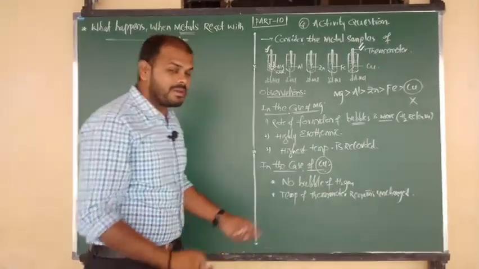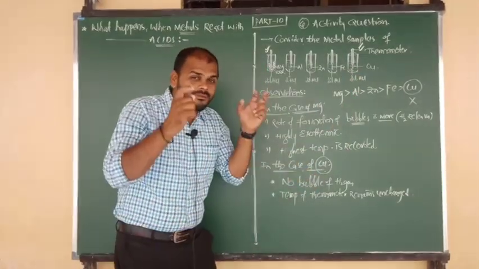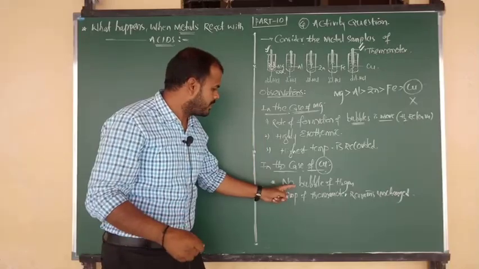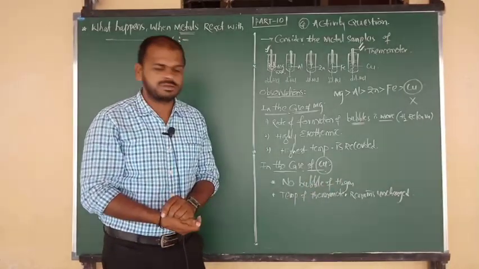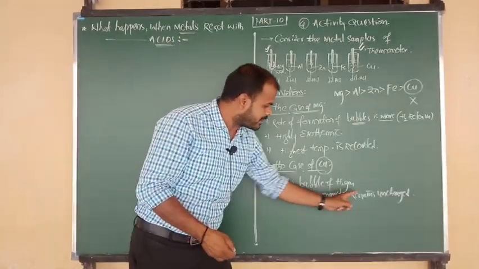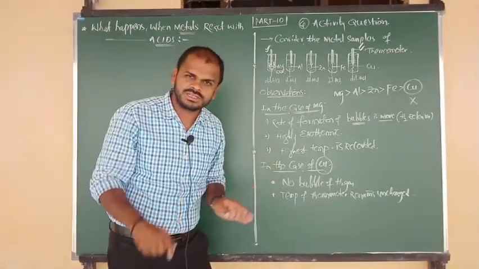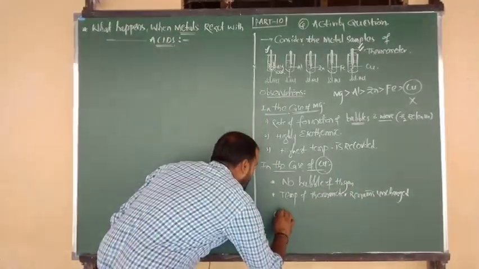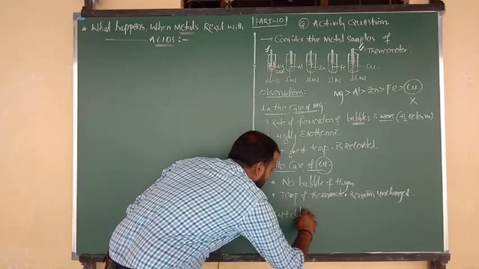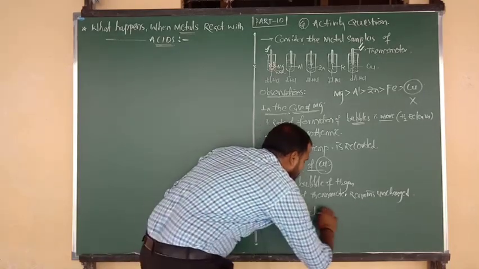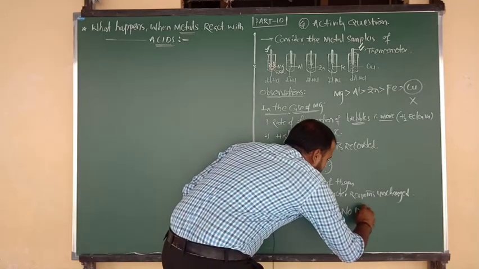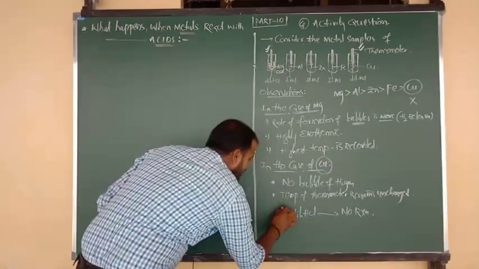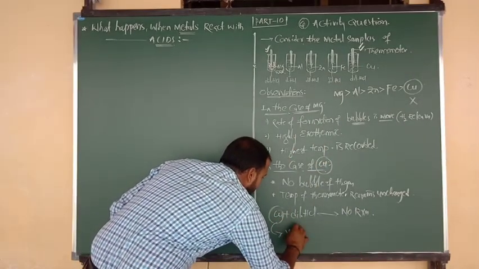In that last experiment, we clearly observed no formation of H2 bubbles and no change in the thermometer temperature reading. The reading was always constant. That means when copper undergoes reaction with dilute hydrochloric acid, no reaction takes place because copper is a very low reactivity element.